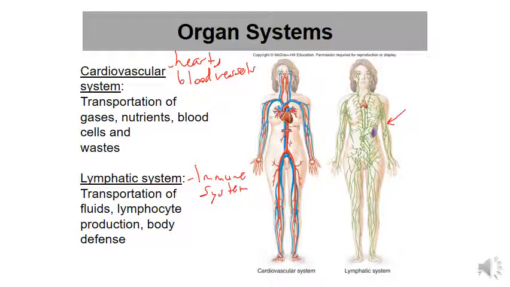And then the little spots here, those are the lymph nodes. And also our spleen, thymus gland, those are all considered to be lymphatic system. But what I really want you to know, lymphatic system is your immune system. It contains the white blood cells that will attack the viruses, bacteria, parasites.